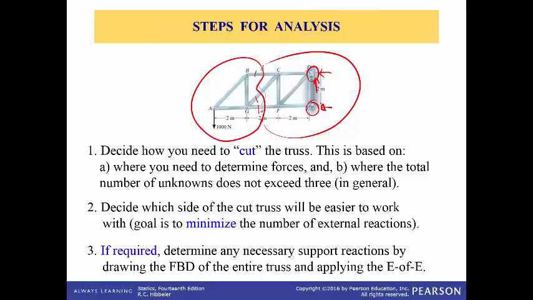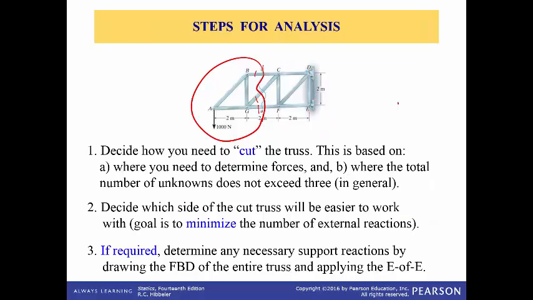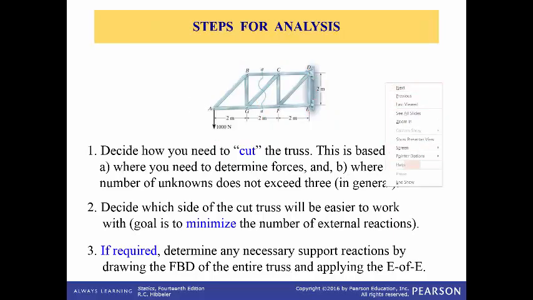If you have to calculate the support reactions, just like we did in the method of joints, you use the whole structure before you cut it. And then after you calculate the support reactions, you can cut your truss.